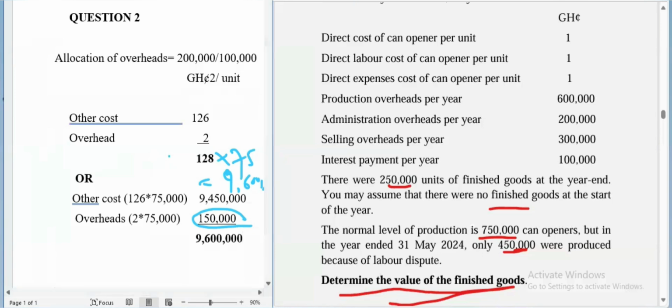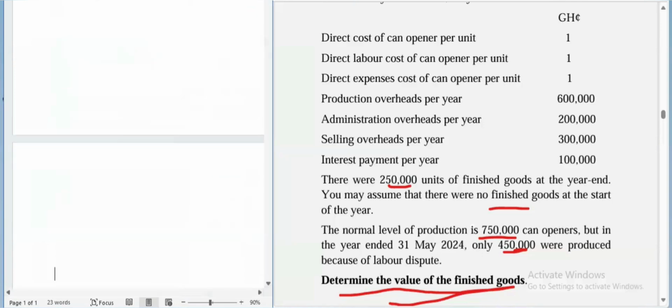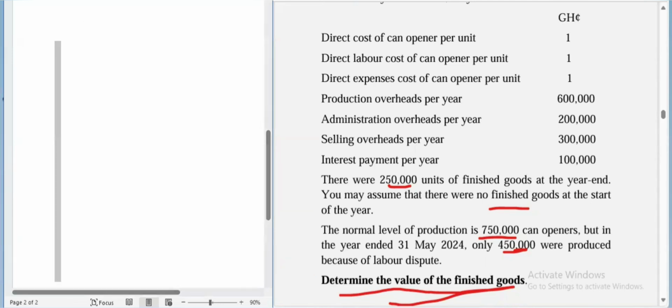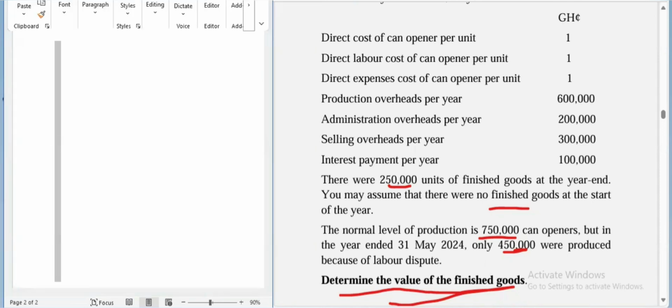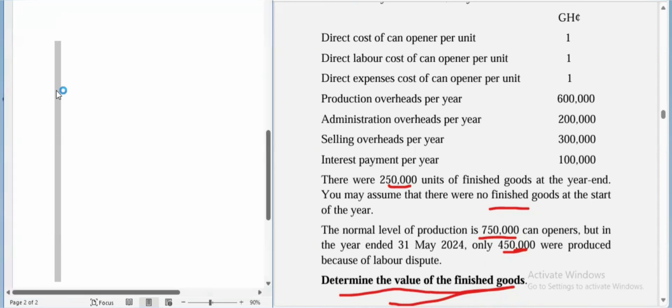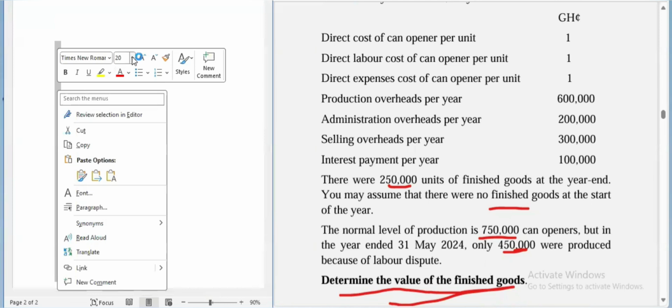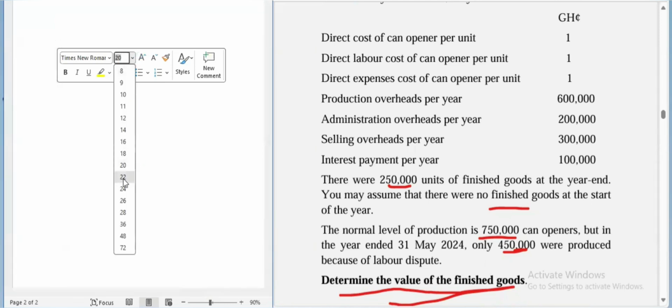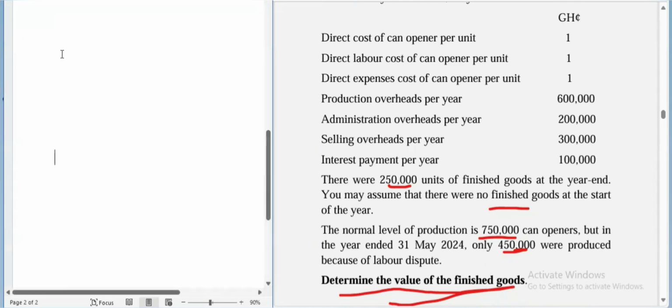Okay, let me take this one up here. Let's use a fresh page. Let me highlight all of it, and let me see if I can get some bold.